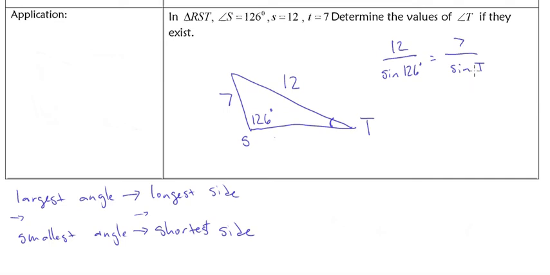inverse sine here. Now if our answer comes out to be something more than 180 minus 126, so 180 degrees minus 126 degrees, we've got 54 degrees.